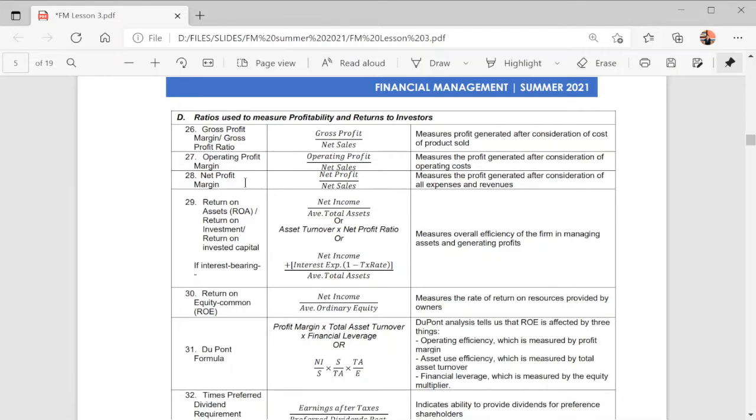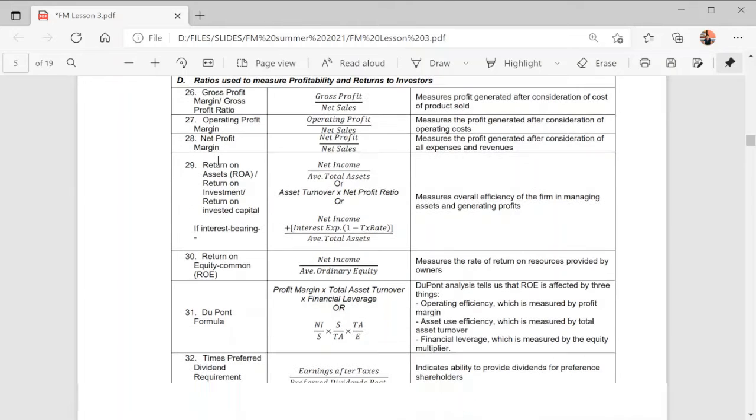Then, net profit margin. This is already the net income, the bottom line. So, net income over net sales. These three are very common, so we should memorize them together, because they all have net sales as the denominator.